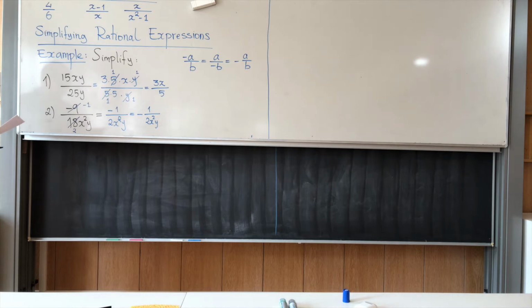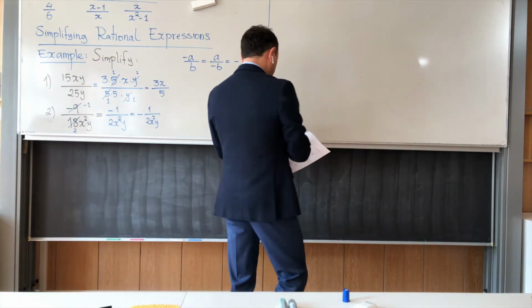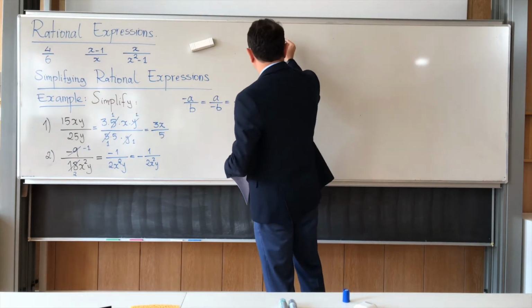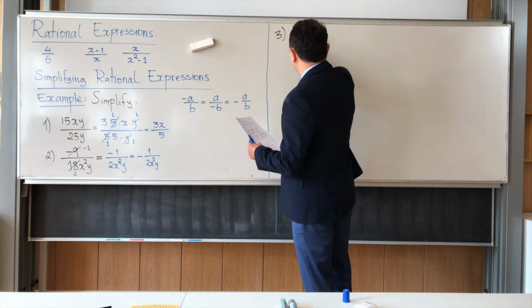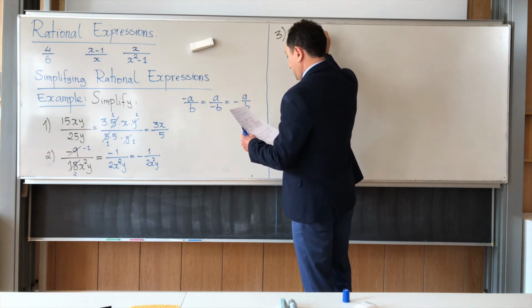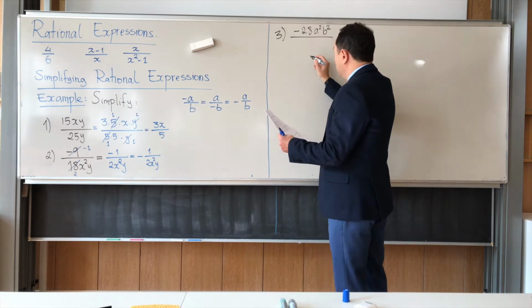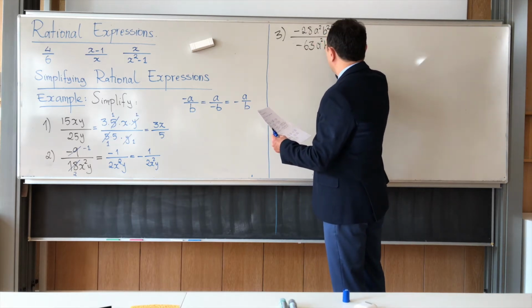Okay, let us go to the next example, example number 3. I can do it a little bit quicker. Minus 28 a squared b squared divided by minus 63 a squared b cubed.